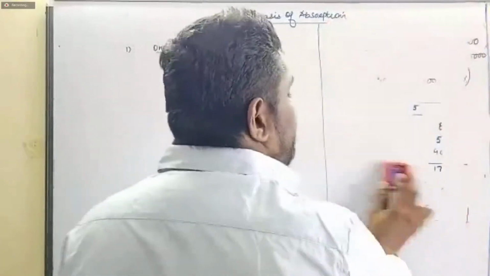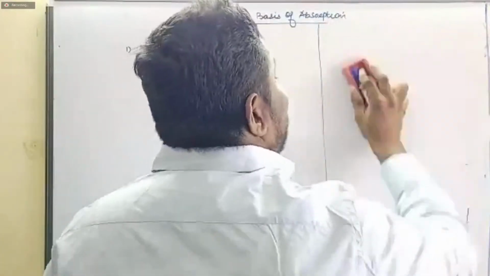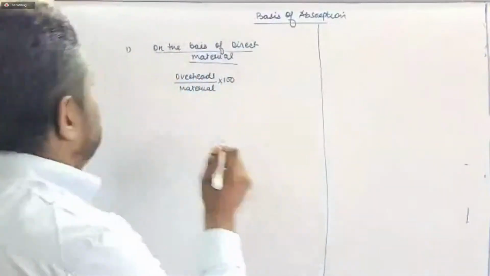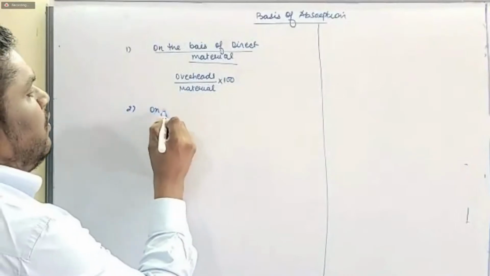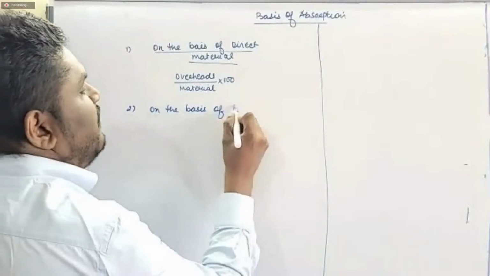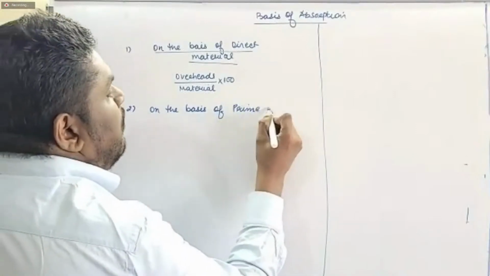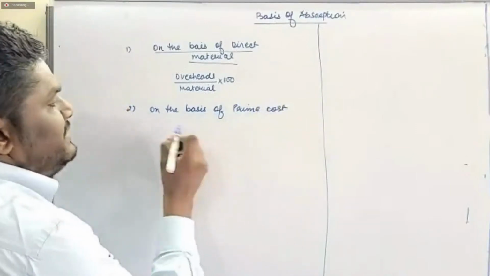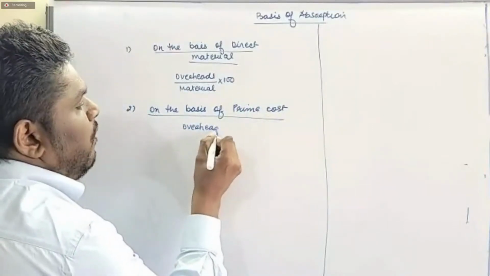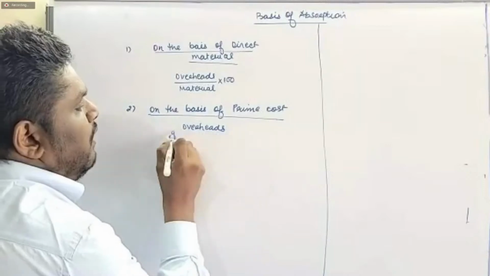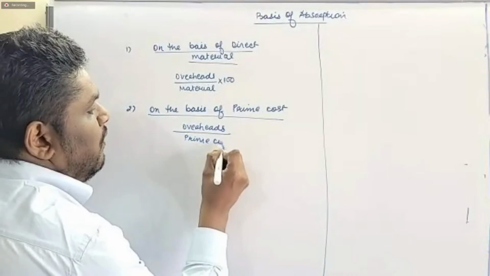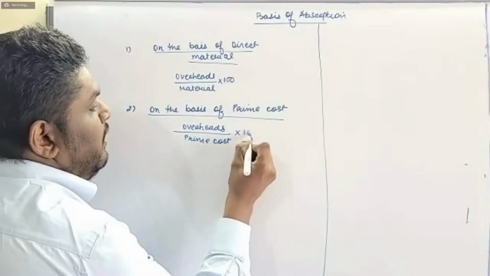Now, further, overheads can be absorbed on the basis of prime cost also. So, second point, on the basis of prime cost. Again, the same way: overheads divided by prime cost into 100.